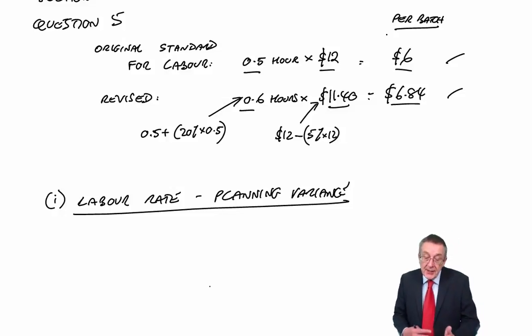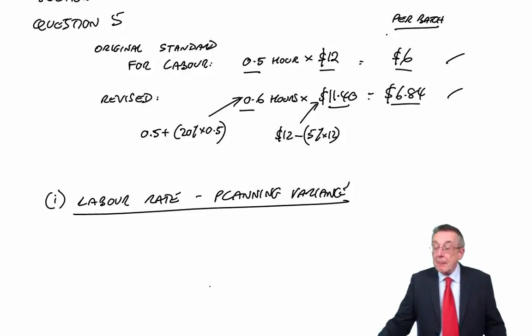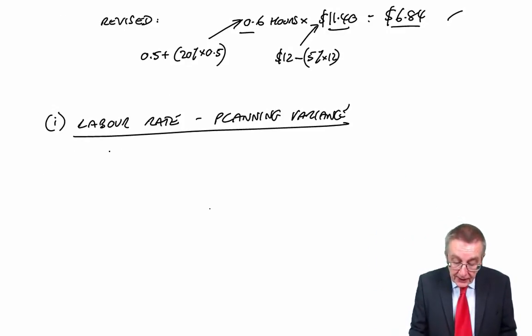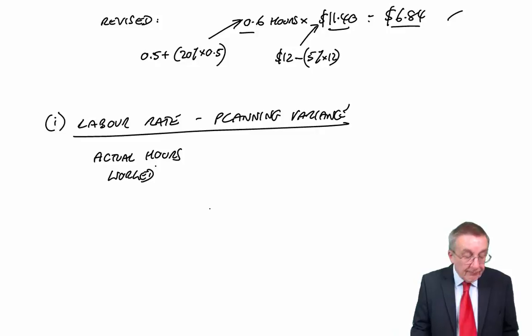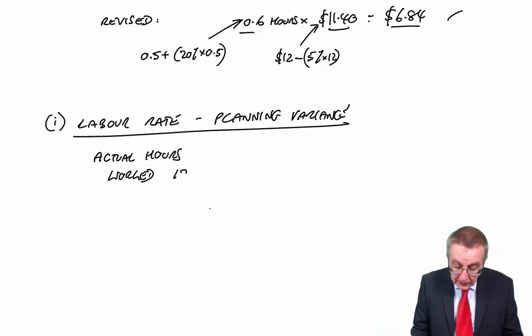So it's saving us 60 cents per hour. And how do we work it out? To get the planning variance, we take the actual hours we worked. How many hours did we work? 1, 2, 3, the fourth line, 12,000 hours we worked.